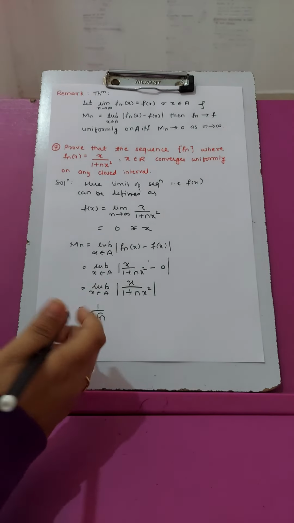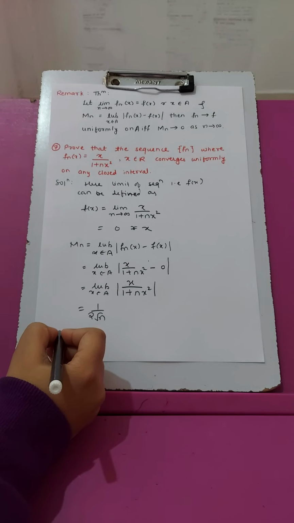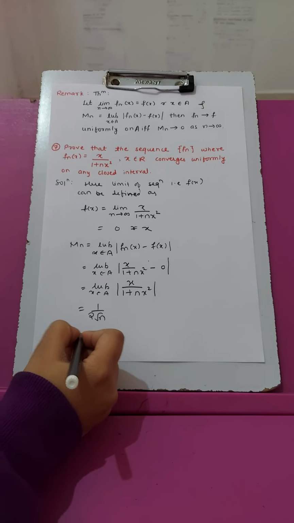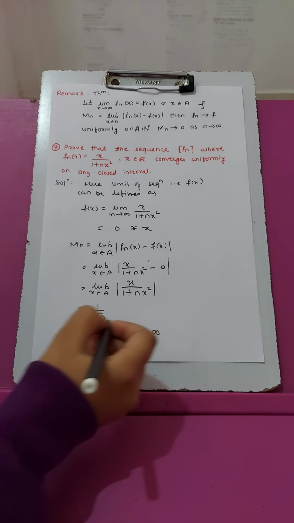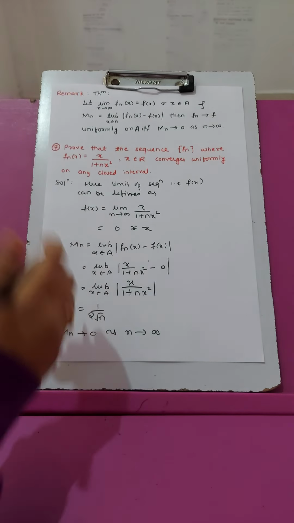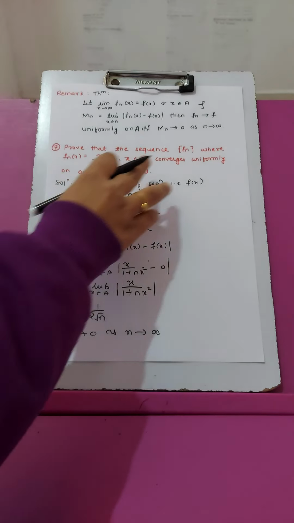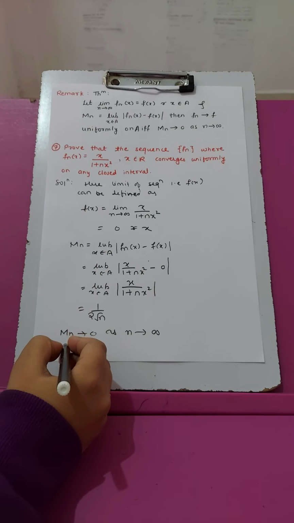And from this we can clearly say that Mn tends to 0 as n tends to infinity, and hence by this theorem the sequence fn of x will converge uniformly.